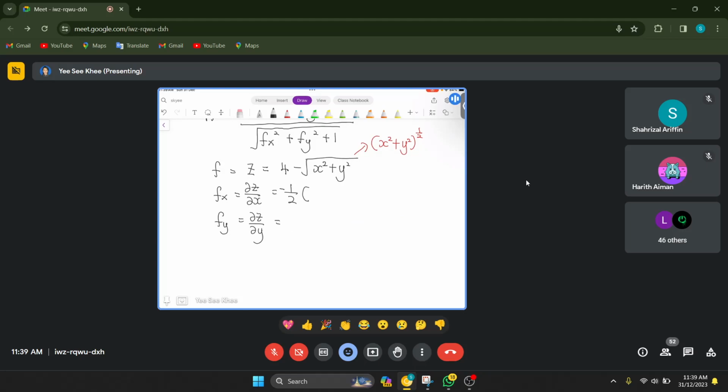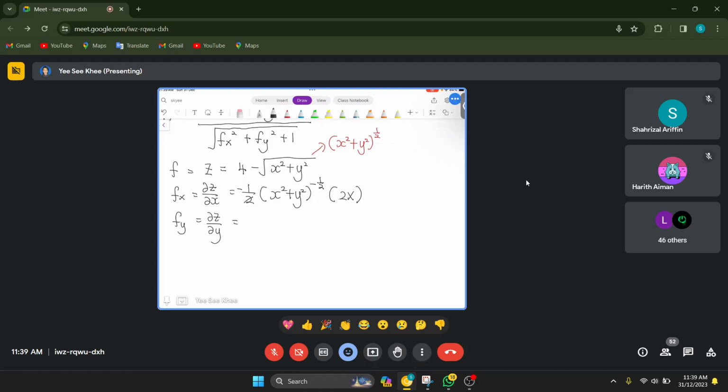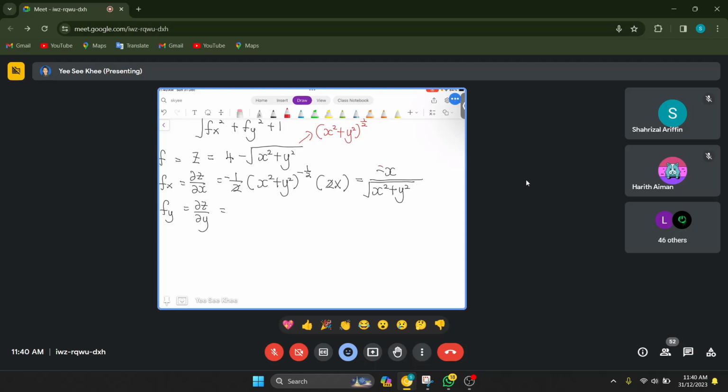You get minus 1 over 2 times x squared plus y squared to the power negative 1 over 2, and for the x itself, you get 2x. You can rewrite it so that it looks better: x over the square root of x squared plus y squared, with a negative here, and this negative is from here.